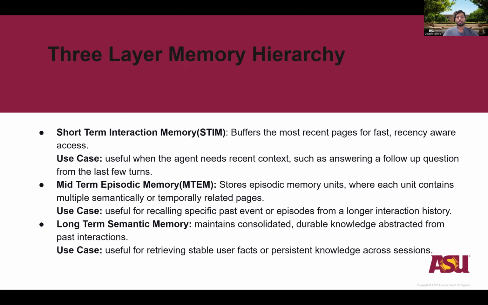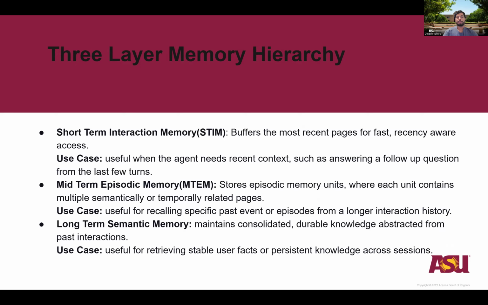All the memory is divided into episodes, and the current query is sent to each one of the episodes. This is useful for recalling specific past events or episodes from a longer interaction history.